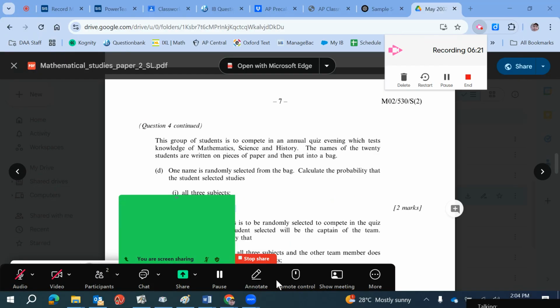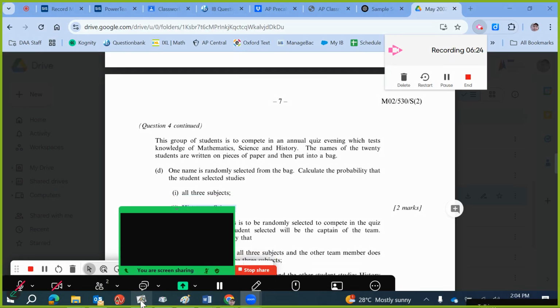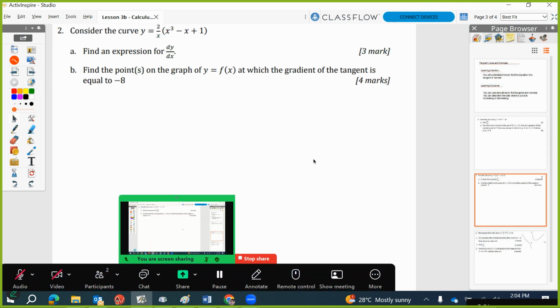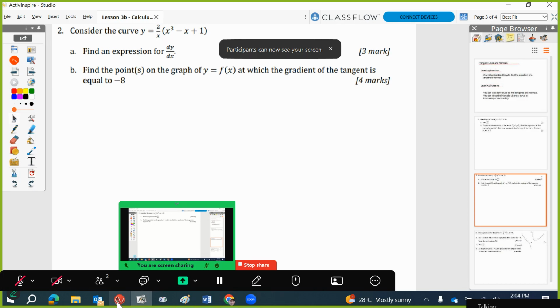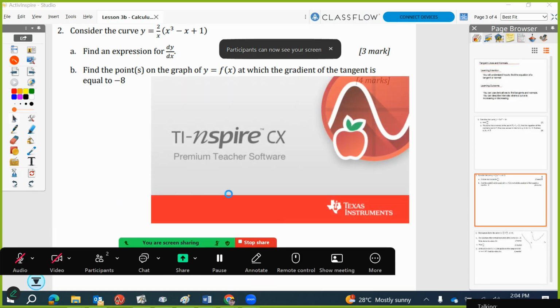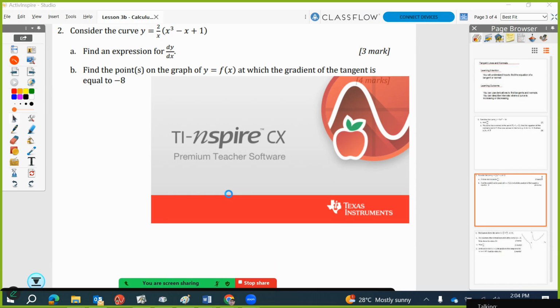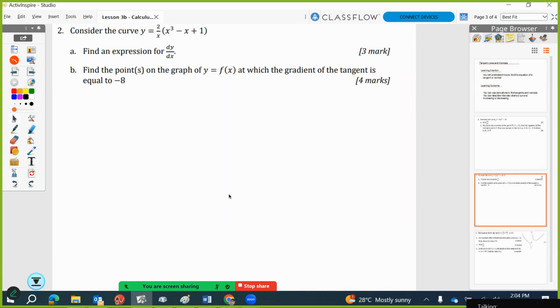Yeah, I'll just do this on my calculator. So we're looking at this question here now, and I'll pull up my calculator. Sorry. Can you guys see my screen? Yep.